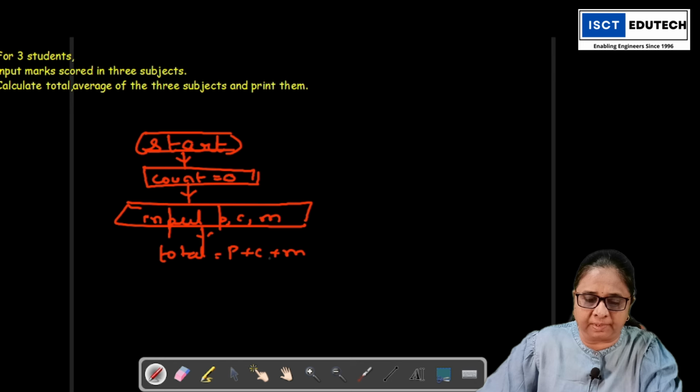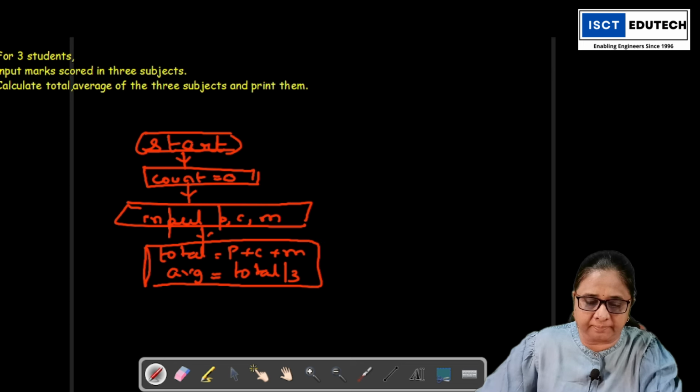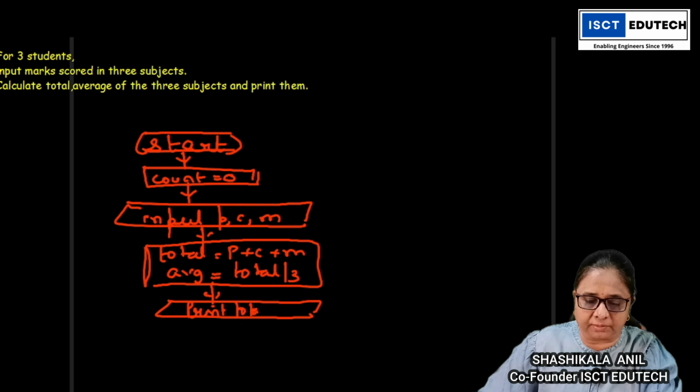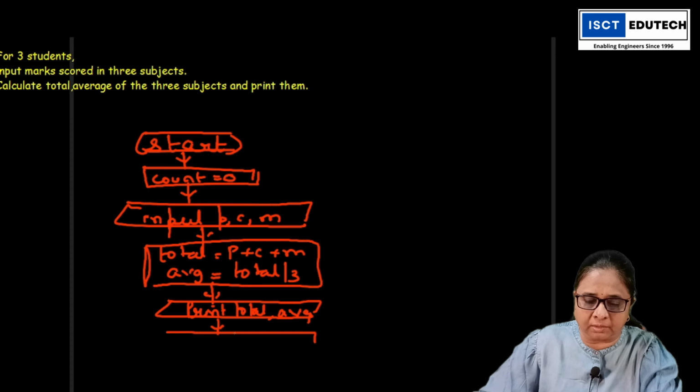Total equal to P plus C plus M. Average equals total divided by 3. And we should print them. Print total, average. Now, for how many students have I finished? 1 student at a time. So this is count equal to count plus 1.